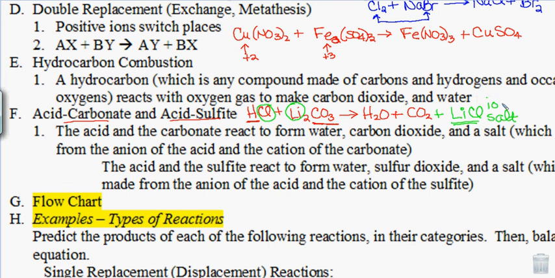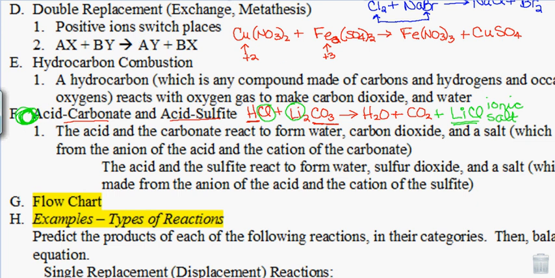All ionic compounds are known as a salt. So if you're going to confuse anything, you're most likely going to be checking double replacement versus your acid reactions. Those are the ones to look out for. I always recommend you try to find that acid carbonate reaction or acid sulfite reaction before you even think about double replacement.